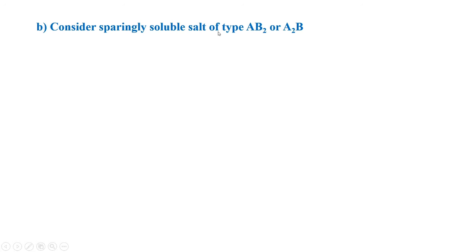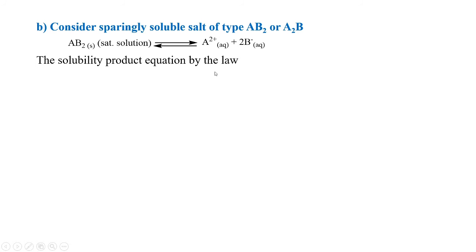Now consider the sparingly soluble salt of the second type, AB2 or A2B. For example, AB2 dissociates into A2+ and 2B-. So the solubility product by using the law is Ksp is equal to [A2+] into [B-] raised to power 2, that means the square.